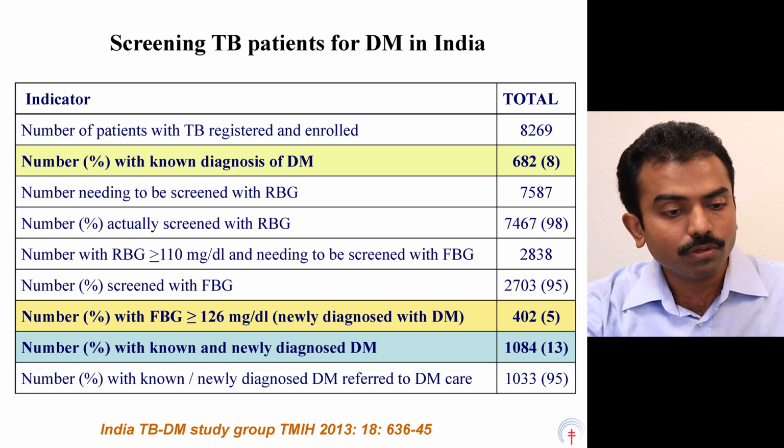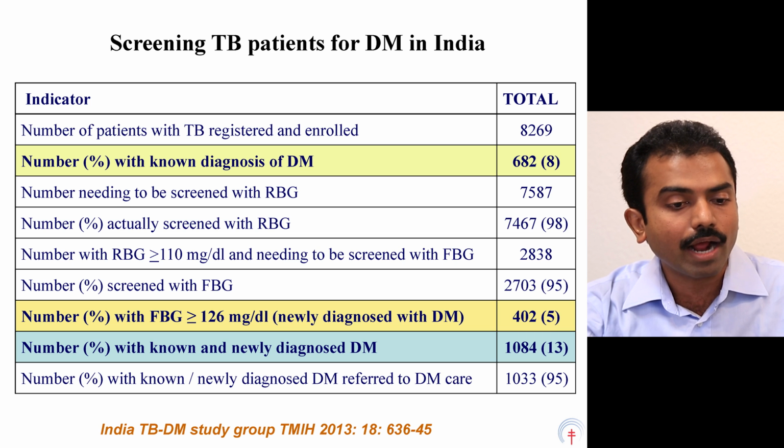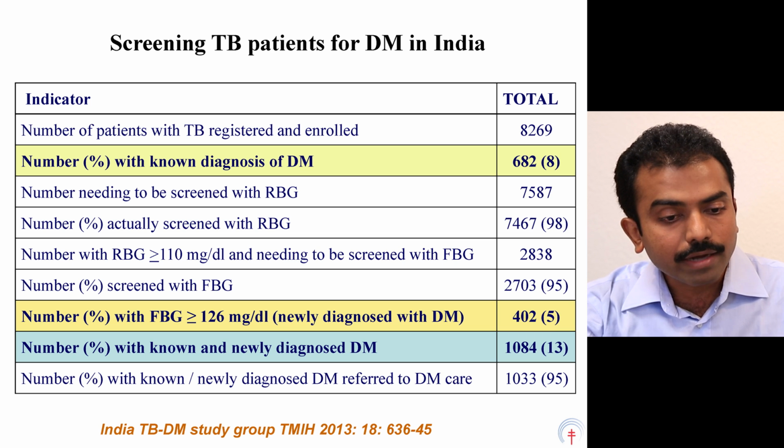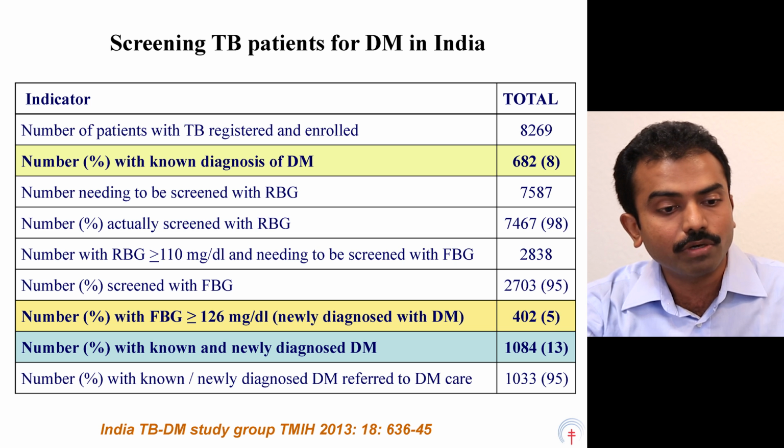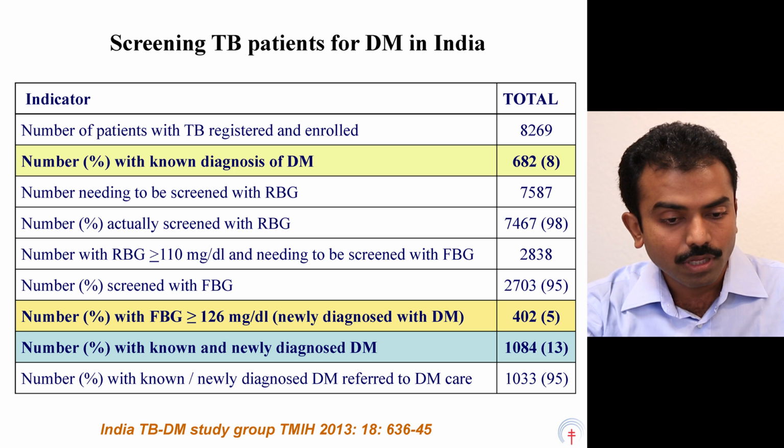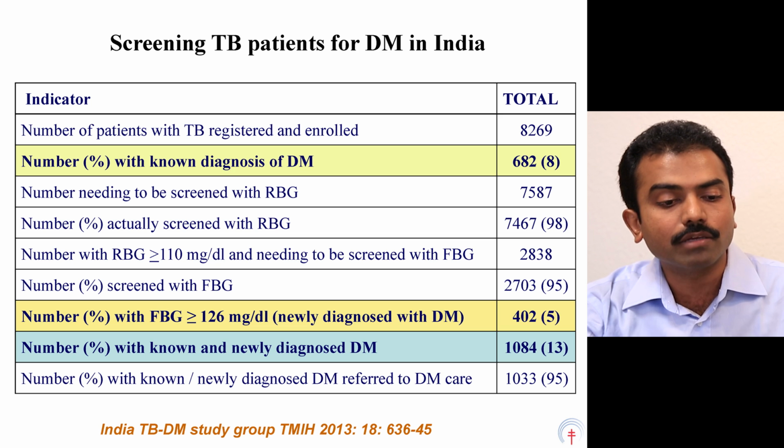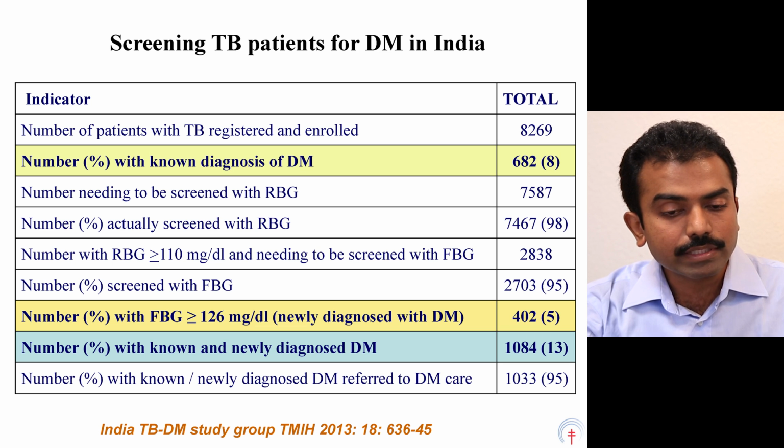And among those who had a value of more than 110 milligrams per deciliter and needed to be screened with fasting blood glucose, about 95% of them actually got screened with fasting blood glucose. Now, as a result of which, we found another 5% who were newly diagnosed with diabetes. So this gives us a total prevalence of about 13% of tuberculosis patients who had diabetes mellitus, and more than 95% of them were actually linked up to diabetes mellitus treatment services.